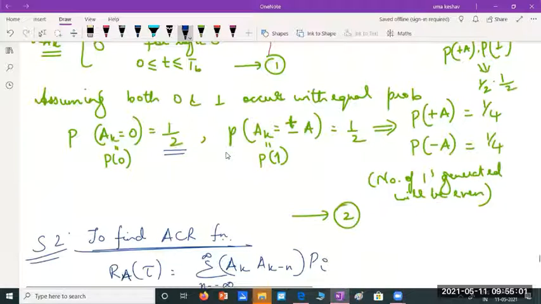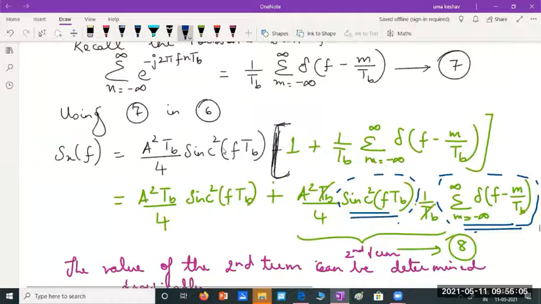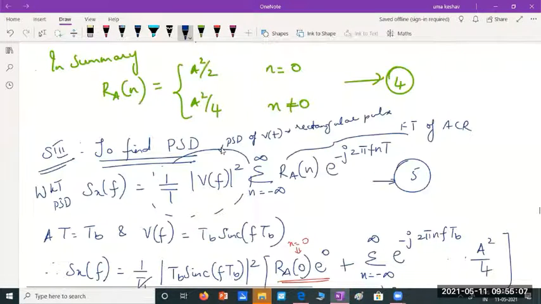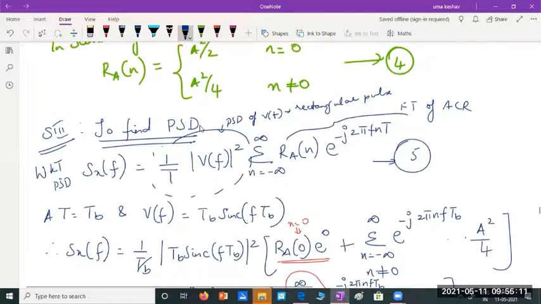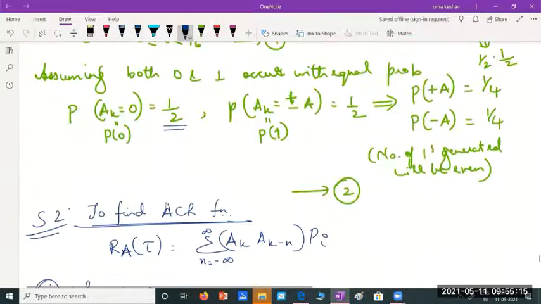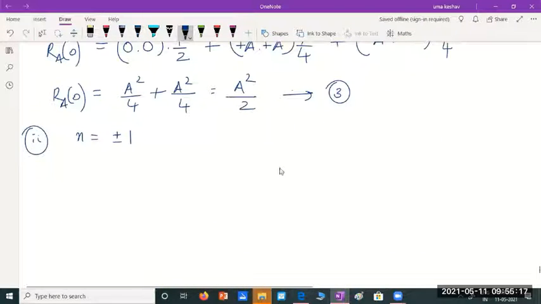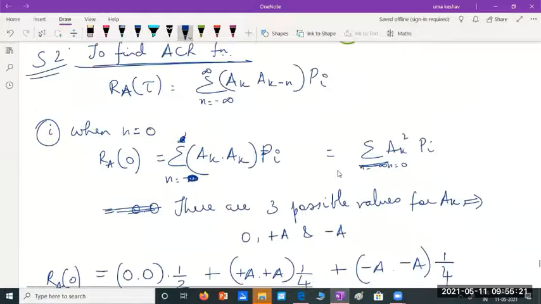Yes or no? To find the ACR function, we always took two conditions, n equal to 0 and n not equal to 0, in both the previous cases. But here I am taking one more additional condition, that n should be plus or minus 1. Can you think of the reason why it should be like that?